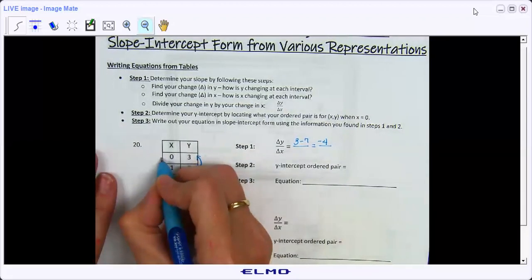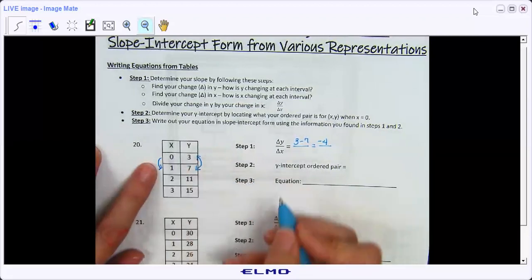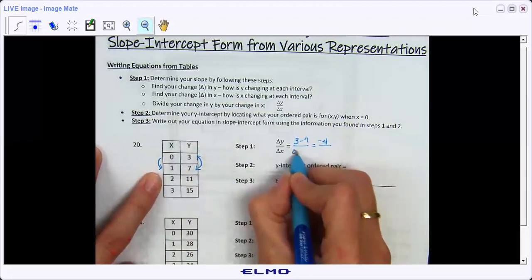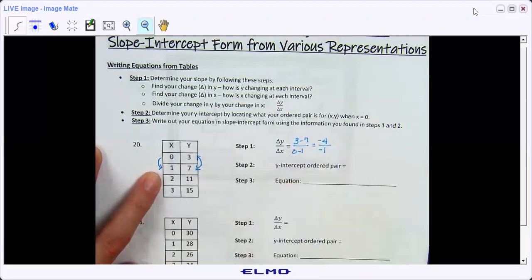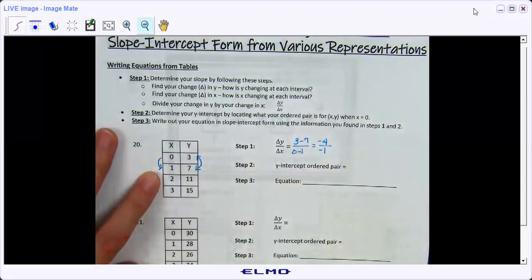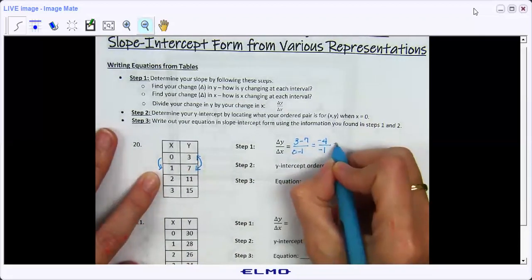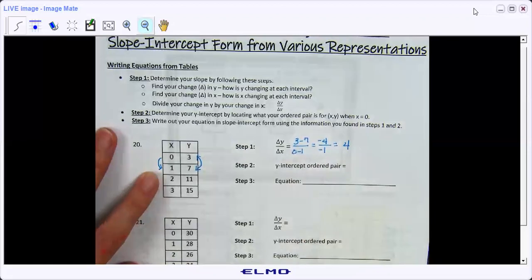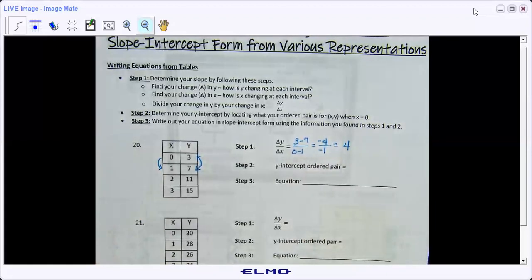What is the difference between here and here? Well, it's 0 minus 1, which is a -1. And -4 divided by -1 is a +4. And that's how we get our slope. Change in y over change in x. So that's our first step.